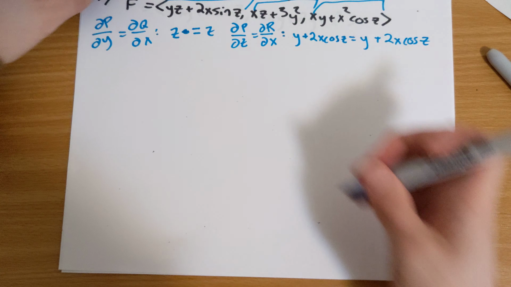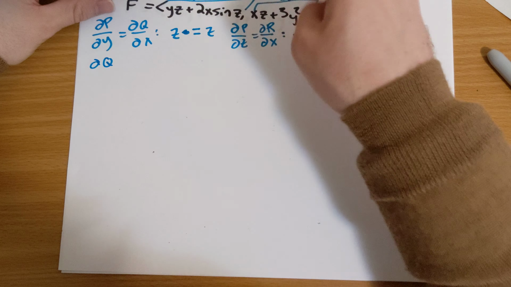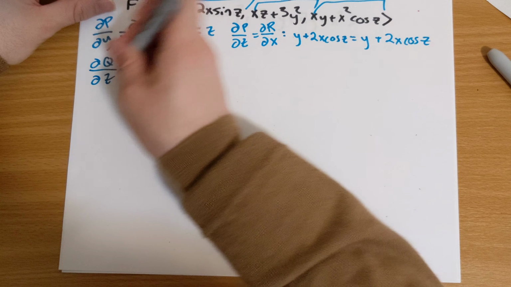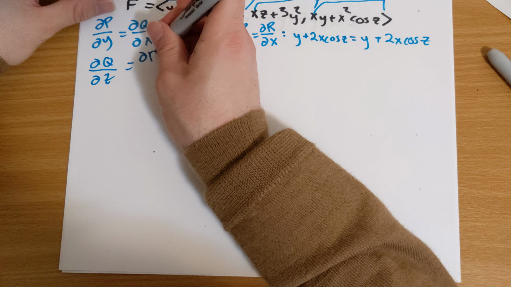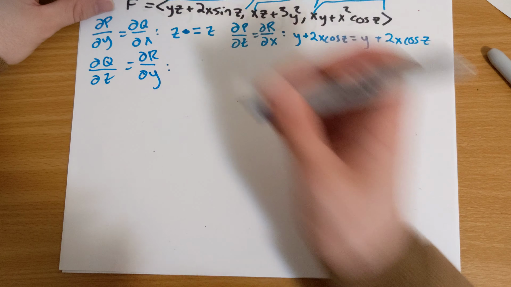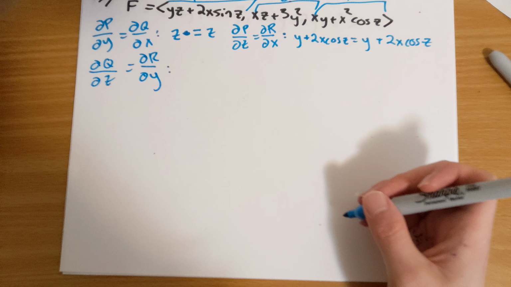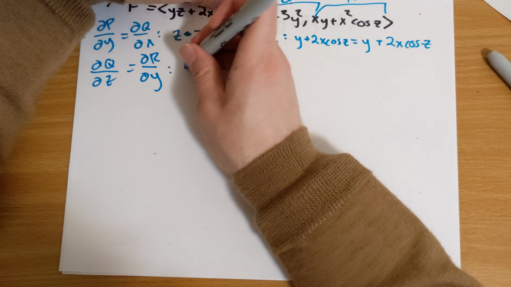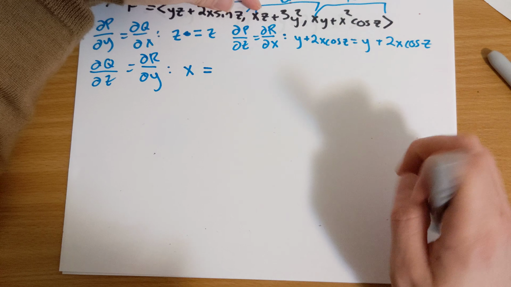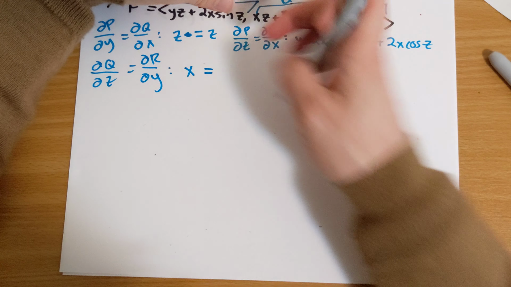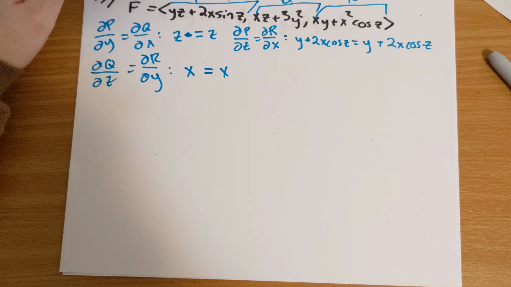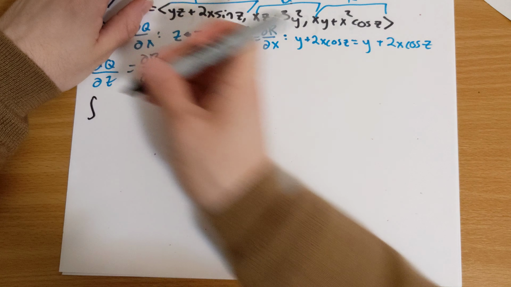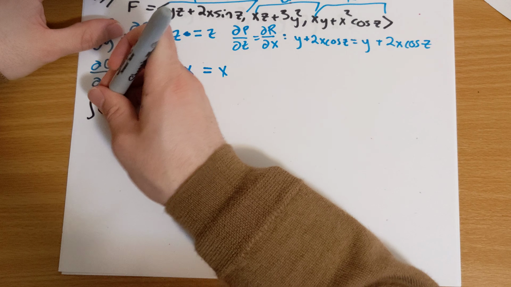Yep, 2 for 2. Finally, partial derivative of q with respect to z needs to equal partial derivative of r with respect to y. Partial derivative of q with respect to z is x. Partial derivative of r with respect to y is also x. Everything checks out. So same process as before.